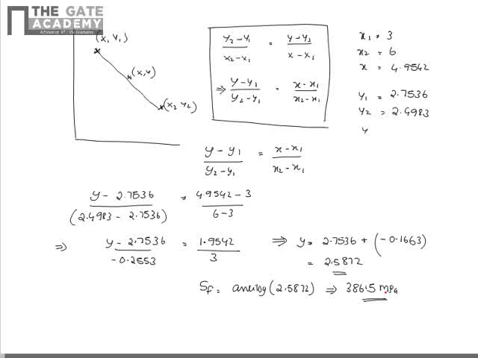So therefore we can say that the fatigue strength corresponding to 90,000 cycles is nothing but 386.5 megapascal.